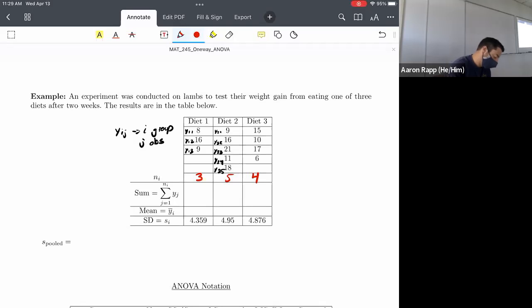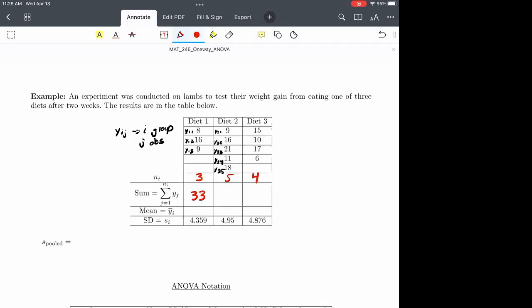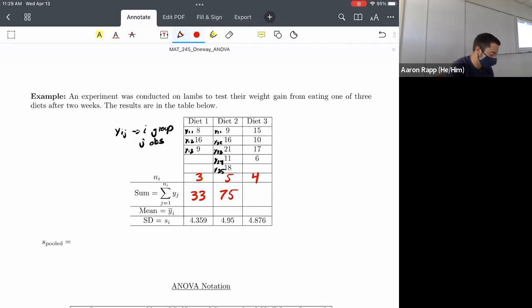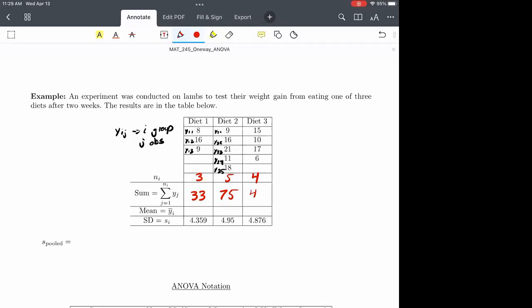Add 9. It's going to be 33. All right. Diet 2. What is the sum of all of its observations? 75. What about for diet 3? Yep, 48.